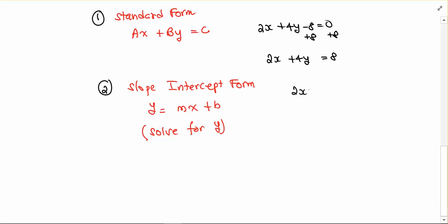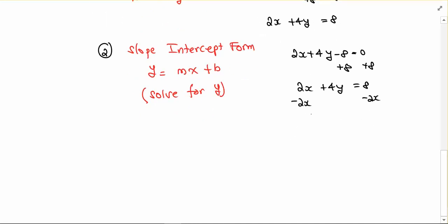Let me start right at the beginning. I'm going to start by adding an 8. So I get 2x plus 4y equals 8. Then I'm going to subtract a 2x from both sides, and I get 4y is equal to minus 2x plus 8. I'm writing the 2x in front because I know where I'm heading is mx plus b. I want the x in front.